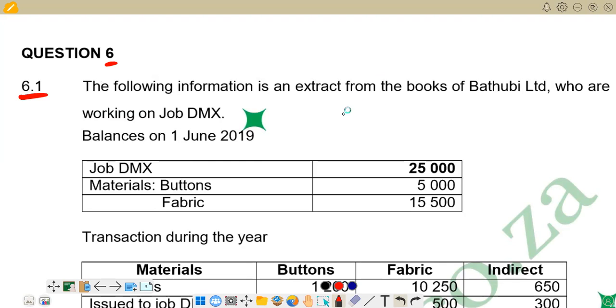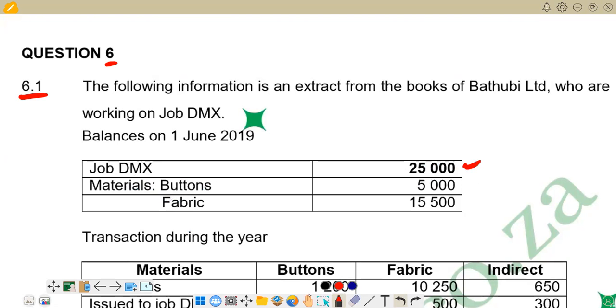The following information is an extract from the books of Batumi Limited, who are working on job GMX, balances on 1 June 2019. Then we are given a table here with job GMX. This is the balance at the beginning, which is 25,000, and we're given materials, patterns, fabrics, and then the transactions during the year.